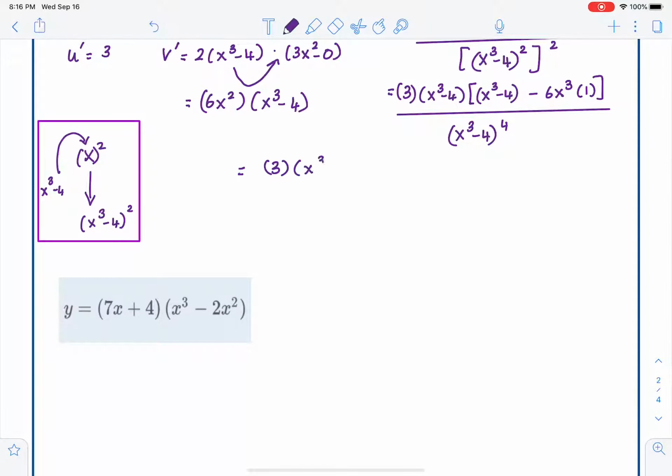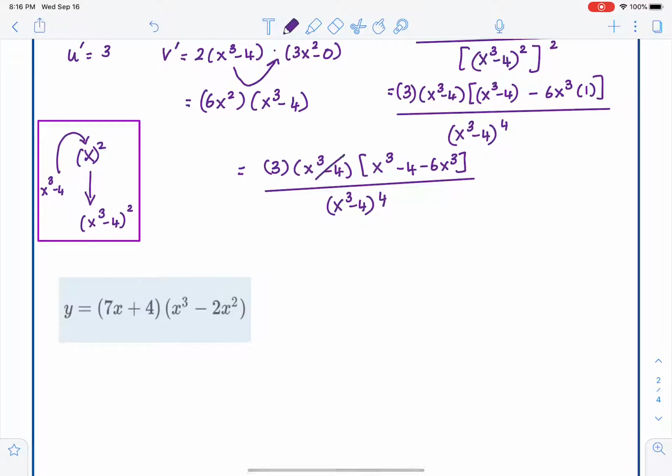So we will have 3(x cubed minus 4) multiplied by (x cubed minus 4 minus 6x cubed) divided by (x cubed minus 4) raised to 4. Cancel out the common terms and simplify. We have 3 multiplied by negative 5x cubed minus 4 divided by (x cubed minus 4) raised to 3.